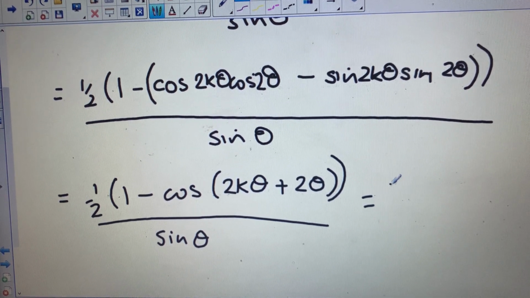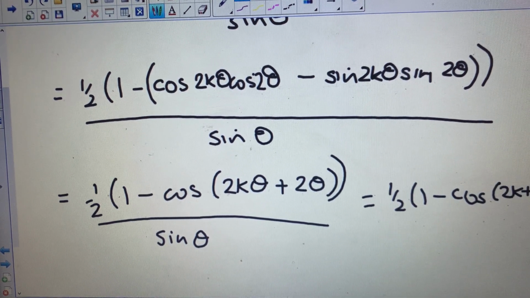I've got a half, 1 minus the cos, if I take out a factor of the theta, 2k plus 1 theta all over 2. It's such a lie, it's not all over 2. It's all over sine theta.